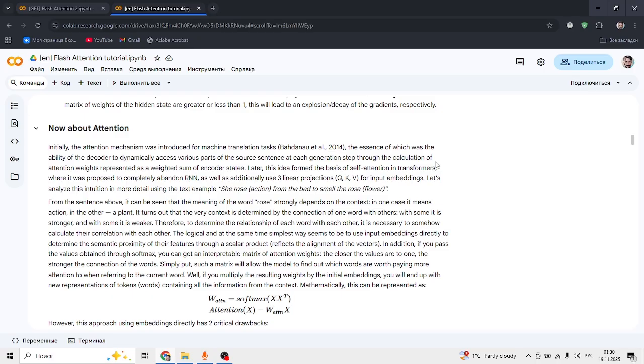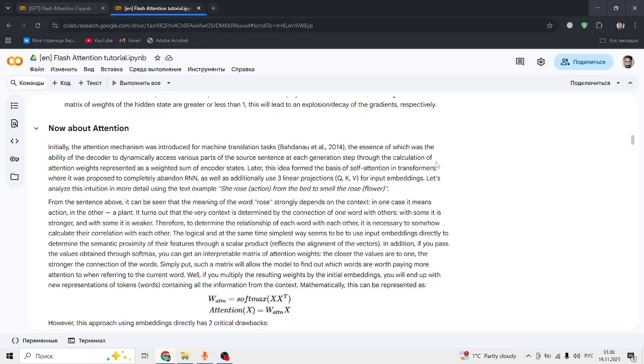To say it more simply, the main idea is that the decoder in an RNN gained the ability to dynamically access various parts of the source sentence at each generation step through the calculation of attention weights. And this is represented as a weighted sum of encoder states.